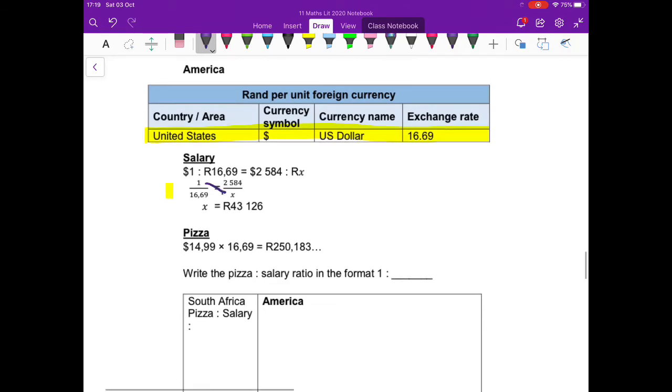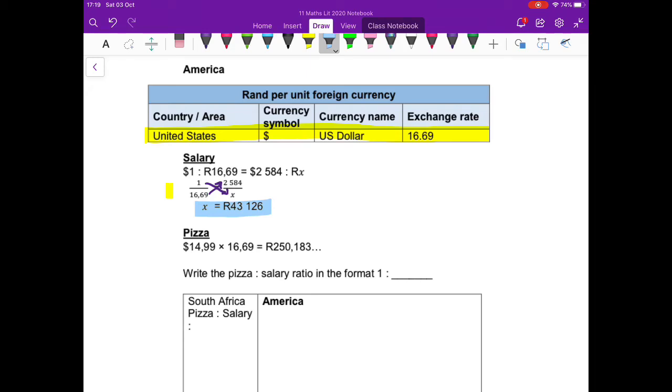So 1 times x is x, 16.69 times 2,584, the equivalent of a teacher salary in America, in our terms, is 43,126. Now that sounds huge compared to the South African salary of 14,800. So now you can see you can't actually compare like that.